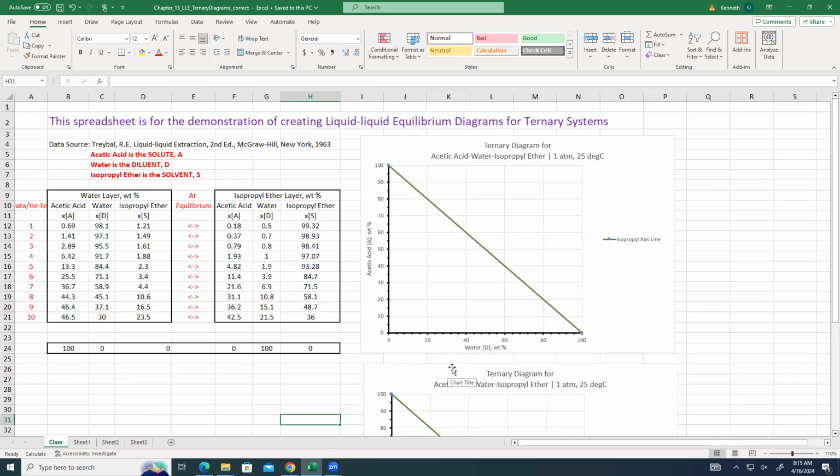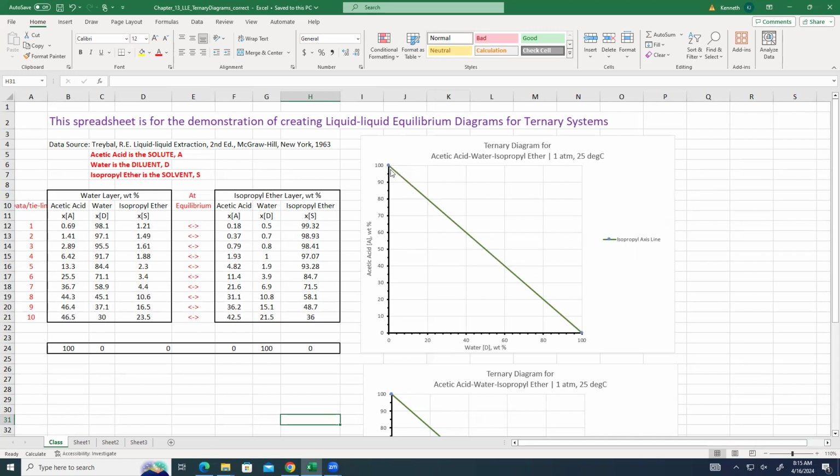We'd start out, and I'm going to kind of cheat because a lot of this is pre-made. We'd start by putting our diluent on the x-axis and our target or solute on the y-axis, and we can draw our solvent line by just connecting the points.